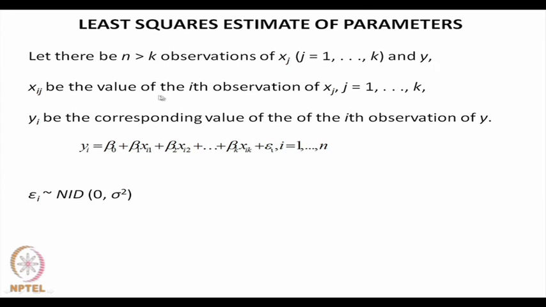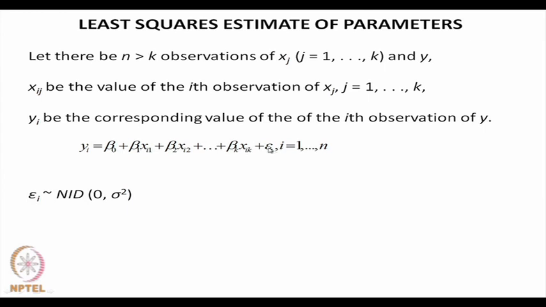Let x i j be the value of the ith observation of x j, j equal to 1 to k, and y i be the corresponding value of the ith observation of y. So, we write y i equals beta 0 plus beta 1 x i 1 plus beta 2 x i 2. That means, for the ith observation we have the values of x 1, x 2, x k etcetera and also y.